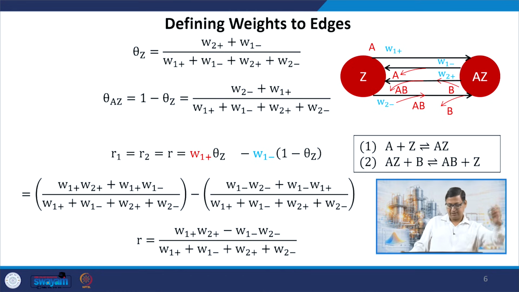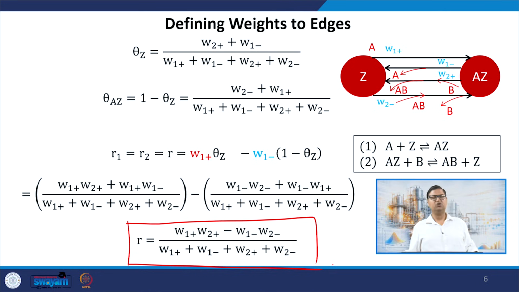I can basically go ahead and solve for the rate R, and we can get an expression something like this in this particular case after arithmetic simplifications. And now we can see that we have everything in terms of basically the graph that is in the picture. So I'm assigning these edges, and from the edge weights given on the graph, I can find basically the rate of each of the steps that are taking place in the chemical reaction.